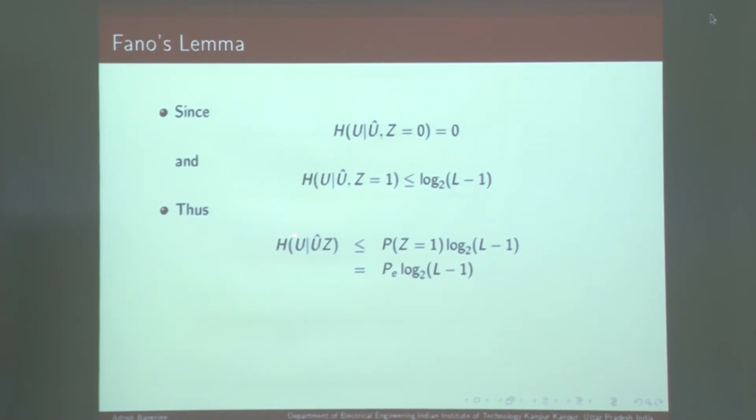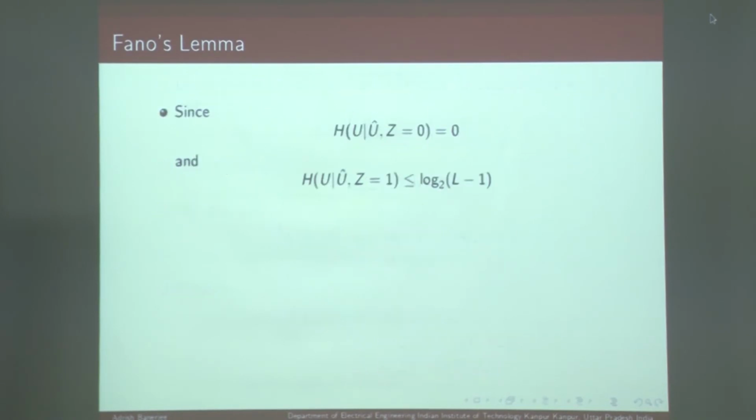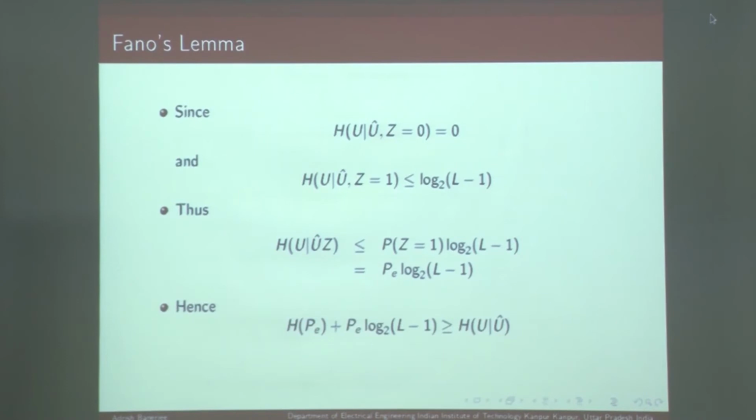So, we have shown that the uncertainty in u given u hat and z is upper bounded by P log of L minus 1. Now, if we plug that in here, this is upper bounded by P log of L minus 1. Okay. Now, this proves our result.